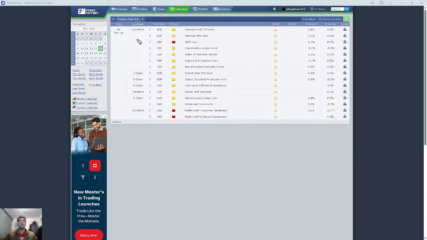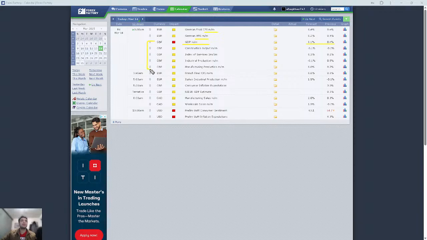So today is March 14th, and the time shown right here is Eastern Standard Time, that is the New York time. So at 3 a.m. today, we would be having a German final CPI monthly, then a WPI monthly, then the GDP monthly for the pound, and we can see that there's a decrease here. We also have construction output monthly, index of services 3 months, industrial production monthly, manufacturing production monthly.